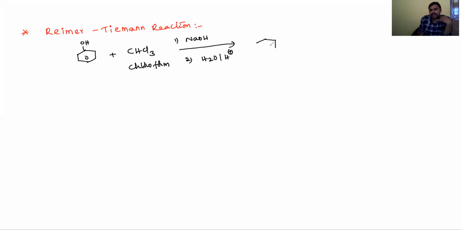Then we get orthohydroxy, meaning at the ortho position a CHO aldehyde functional group is introduced. Its name is orthohydroxy benzaldehyde, also called salicylaldehyde.